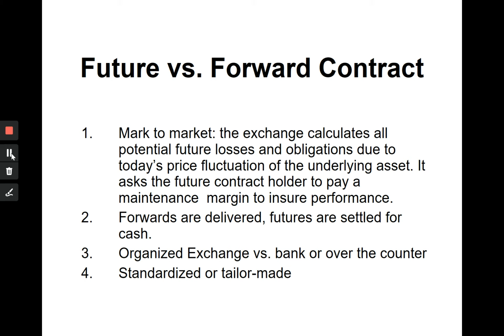With future contracts, we use a type of hedging that has to do with the value of some economic factor. The best example I can give you is your company has a subsidiary in Japan, and that subsidiary works very hard, but the Japanese economy happens to be not good.